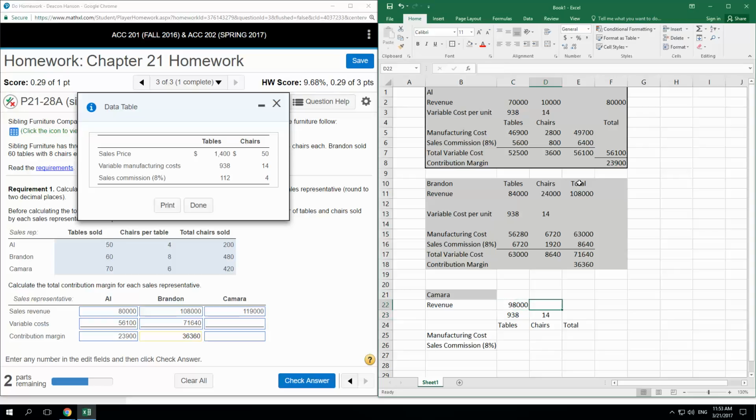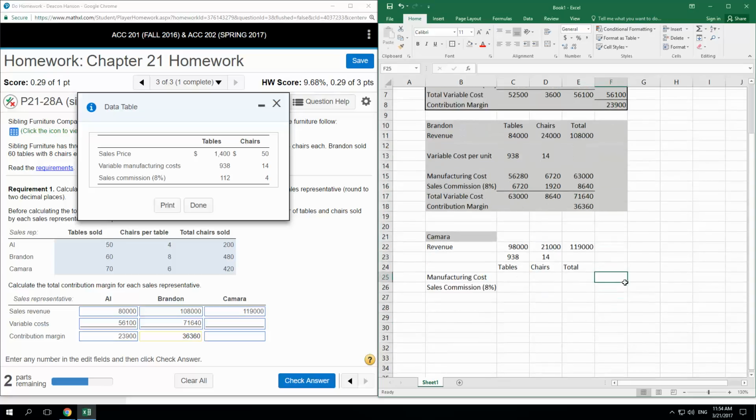Her revenue for chairs will be the 420 chairs she sold times $50 per chair revenue. So again, we add them up, and it should check out with what we already figured out, 119,000.